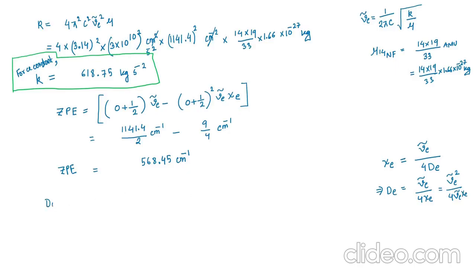So dissociation energy is 1141.4 centimeter inverse minus 2, square of this, by 4 into 9 centimeter inverse.